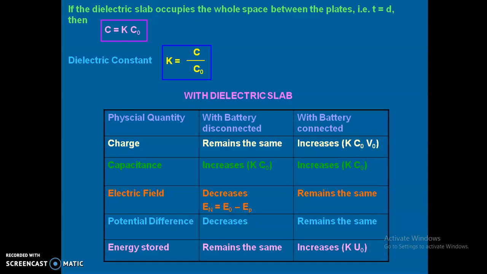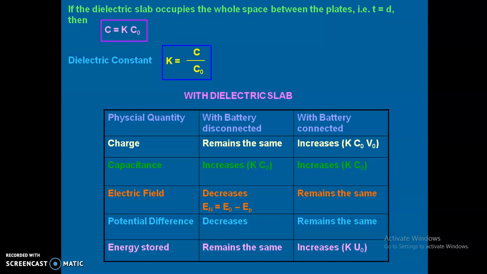So now this is finally the final video session of electrostatics. We are finishing chapter 2 with this topic, electric polarization.